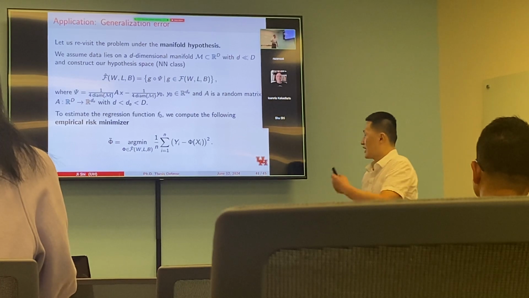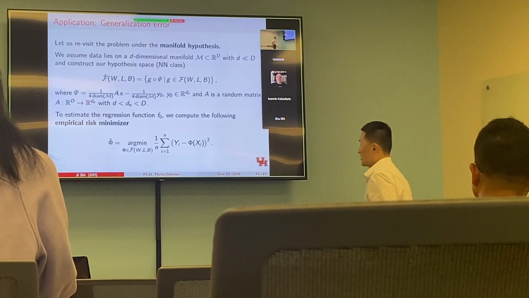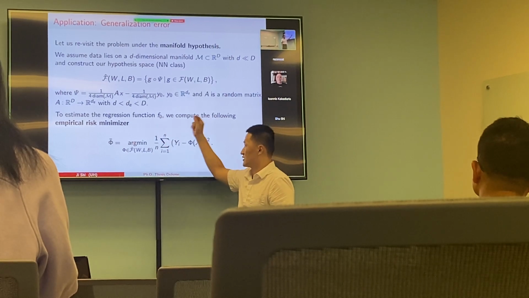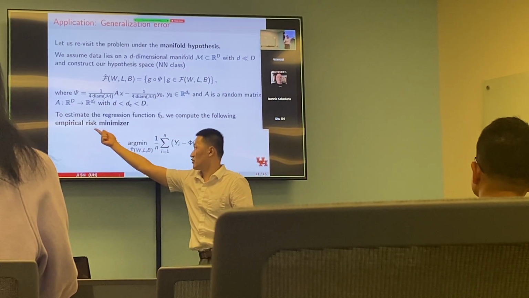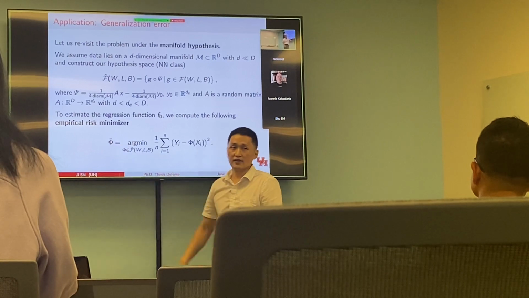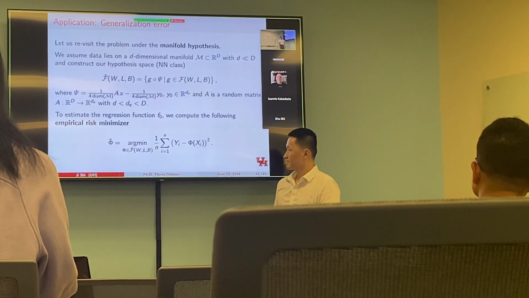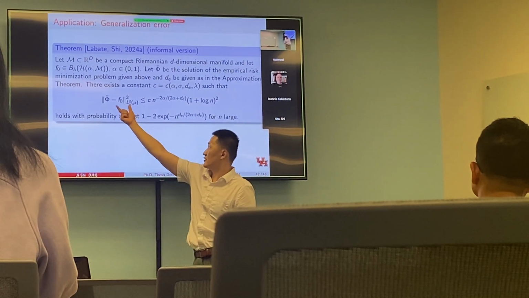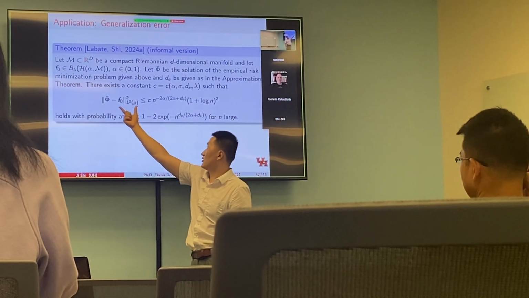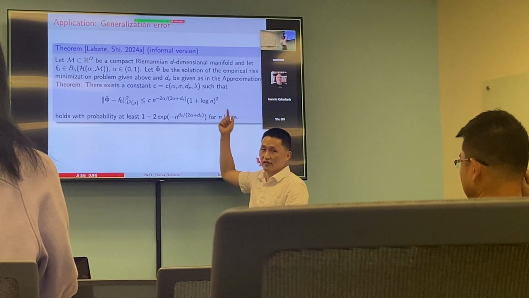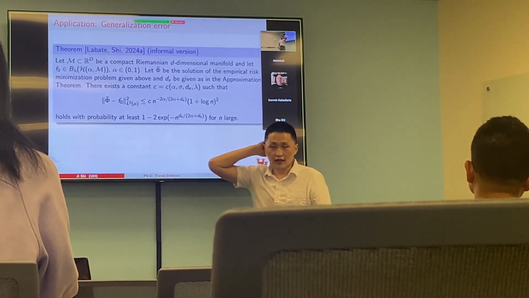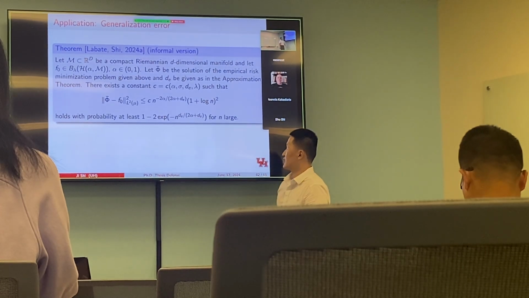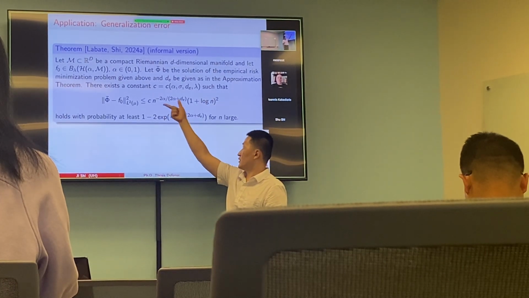So now our task is to approximate this target function f_0, just to compute the empirical risk minimizer phi bar. This phi bar approximates the target function f_0 with the error bounded by this type of estimate. Okay, now we need to care about two things. The first thing is the exponential term.